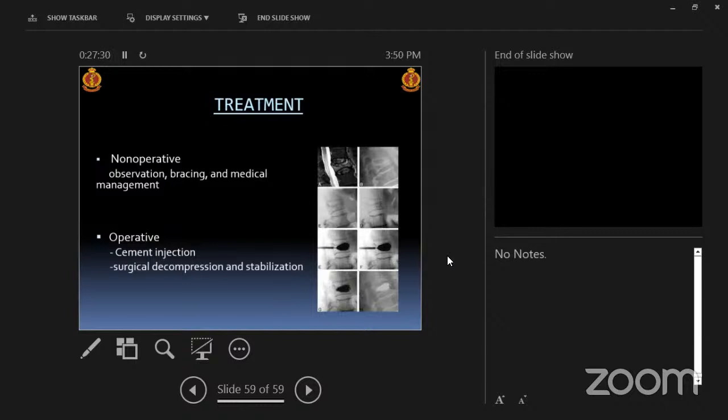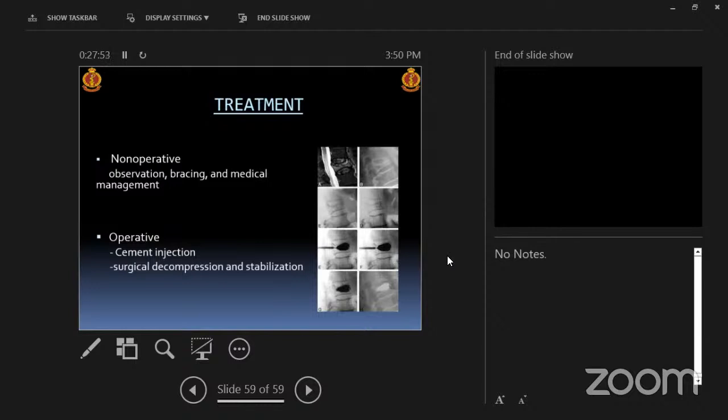Because of cement in the canal. Exactly. Kyphoplasty, as the name says, corrects kyphosis. We insert the balloon and inflate it, so we restore the height and the kyphosis. So you create a room for the cement injection. For this reason, extravasation of the cement is less in kyphoplasty.